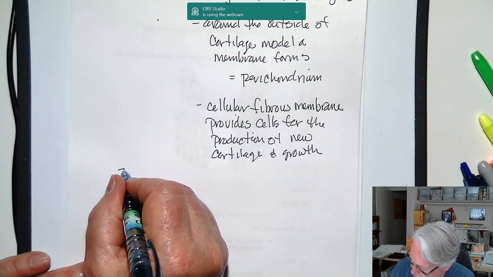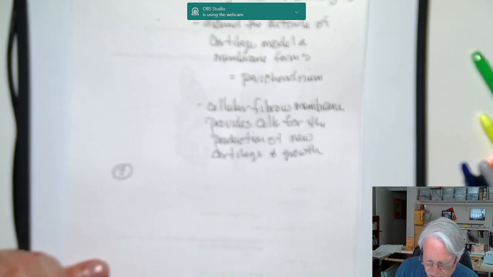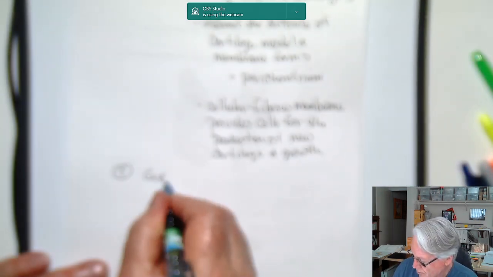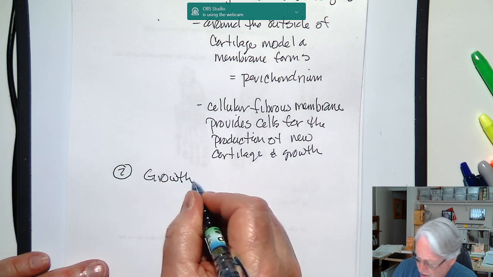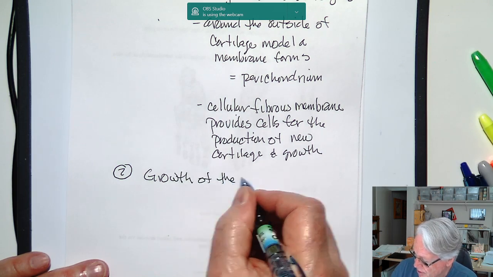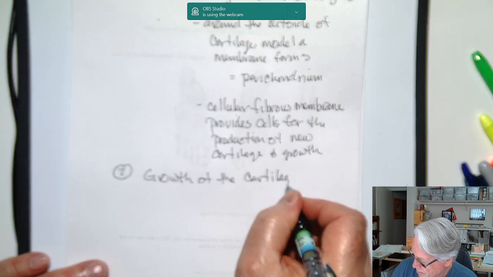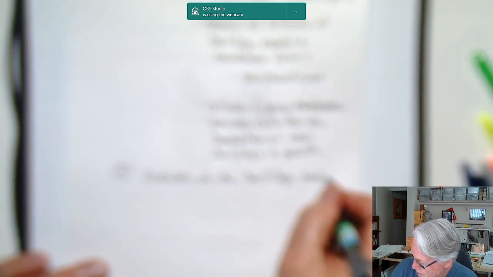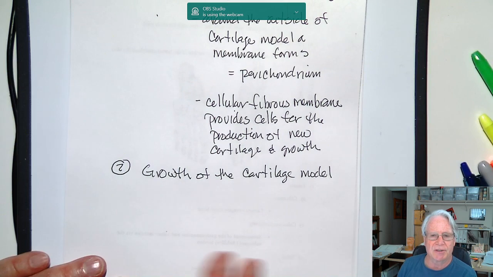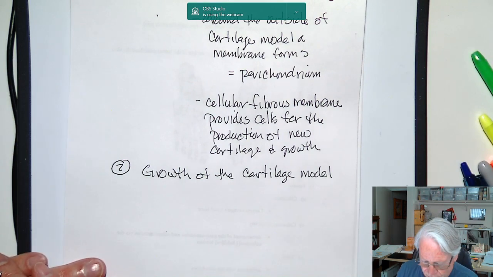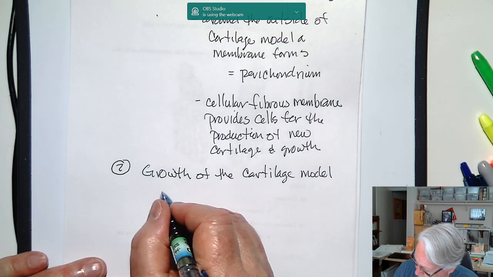The second step, then, is growth of the cartilage model. So once we've started just the basic foundation of the bone and cartilage, we're going to grow that. And we have two ways in which it grows.